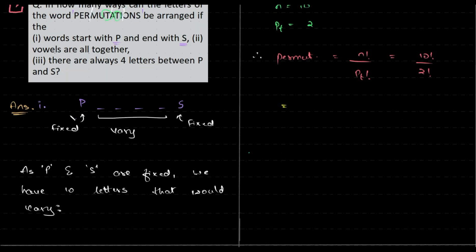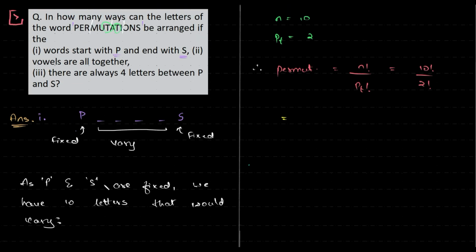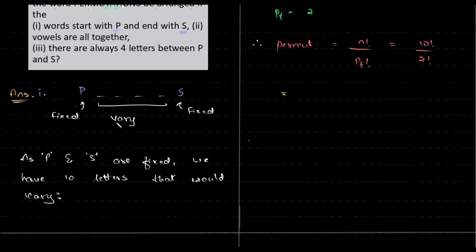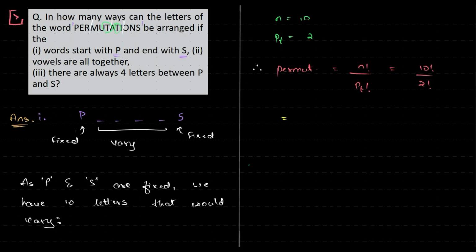The second question has to do with the vowels being together. What does it mean? Well, we have 12 letters, and among them the vowels E, A, I, O, U, along with the other letters, right?